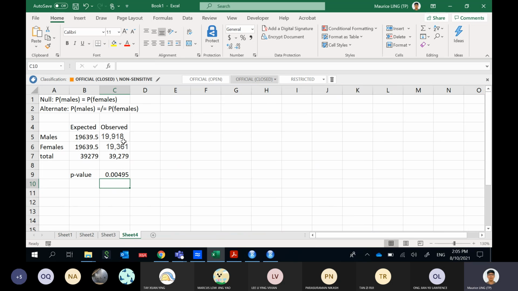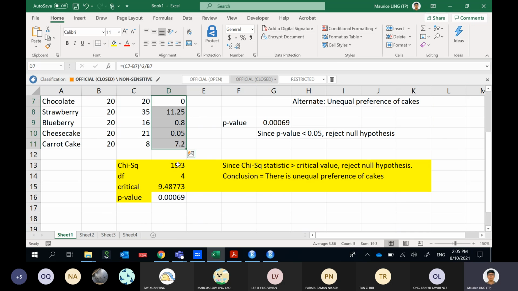What happens is you calculate the chi-square statistic. The critical value will be given to you in the chi-square table, the same as what you do for your t-test.